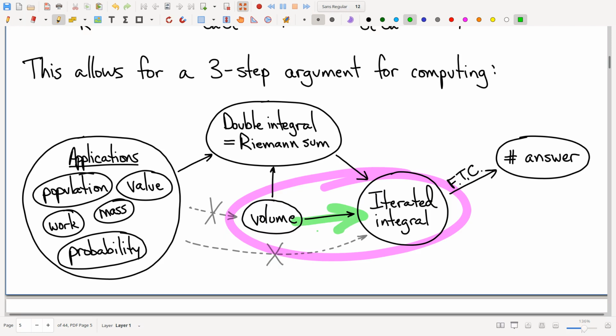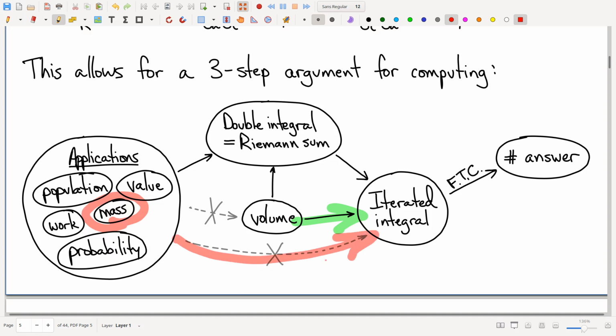And then, earlier today, we said, well, hey, maybe if I want to compute a mass, and likewise any other application, I suppose, but let's stick with mass. If you want to compute a mass, it was tempting to say that we could turn that mass into an iterated integral. What we found is that didn't make any sense.